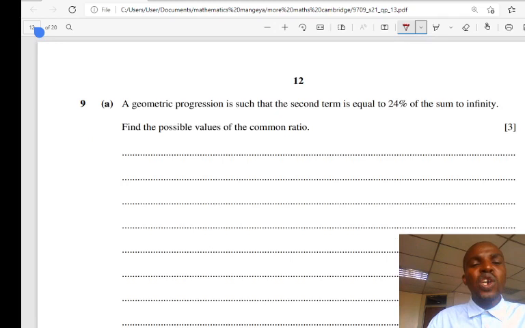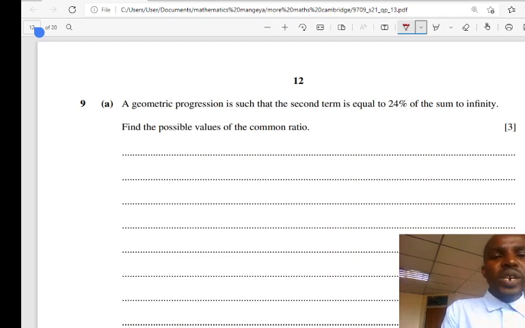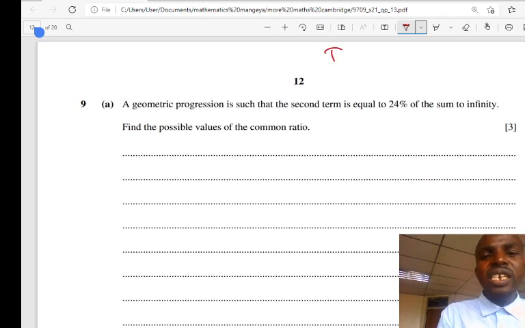Question number 9. A geometric progression is such that the second term is equal to 24% of the sum to infinity. Second term, which is a GP, right? The nth term of a GP is AR to the power n minus 1.